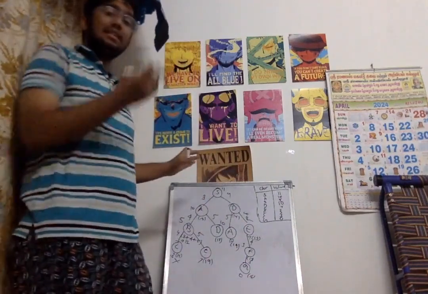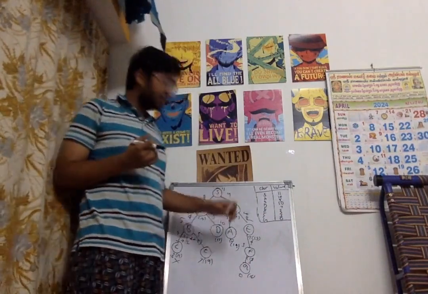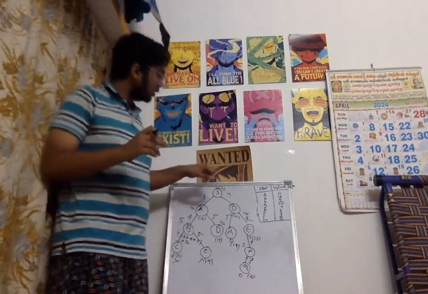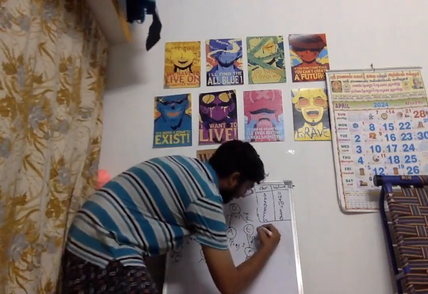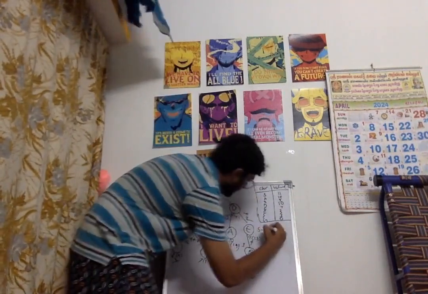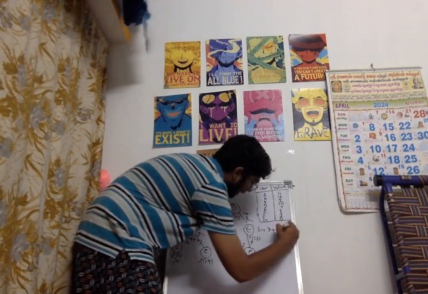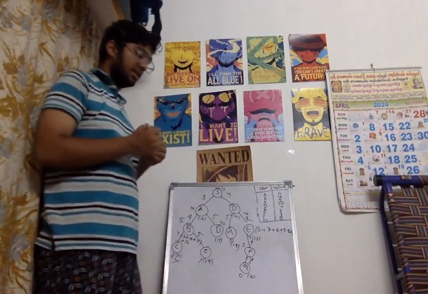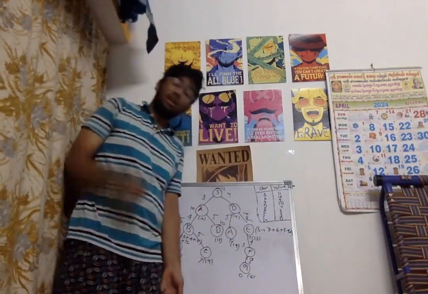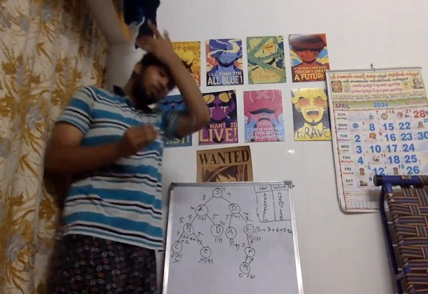So this is the most optimal path to find the goal state from a specific node. We can write it on the side: S to D, D to E, E to F to G. This is the most optimal path from a specific node to a goal state.